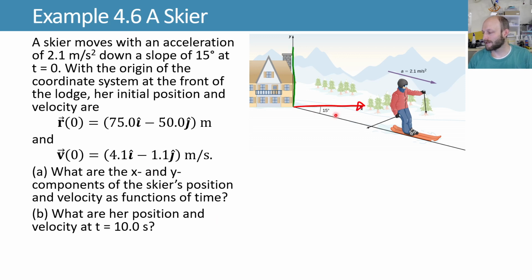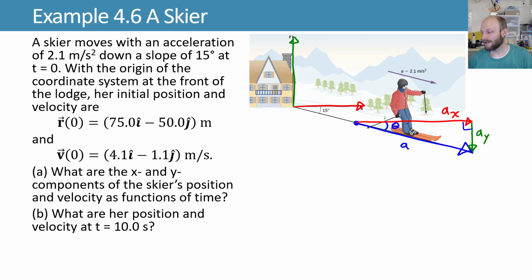So if we have my x and my y, we can write our acceleration. It's going downward down the slope, and we can split that up into an x component, ax, and a y component, ay. How do we relate those to our initial thing that we know, a? Well, a we know is 2.1 meters per second squared.